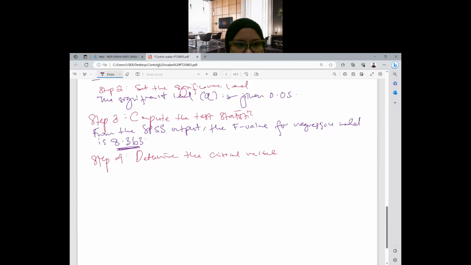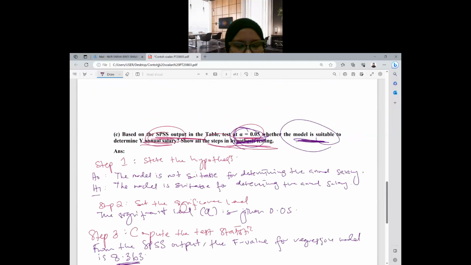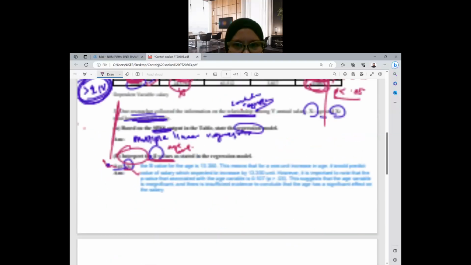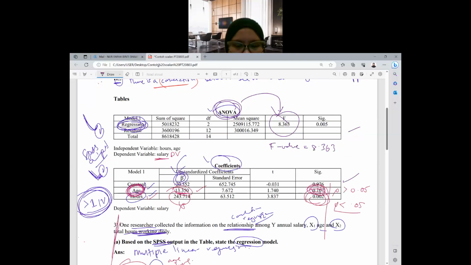Your critical F value corresponds to the significant level of alpha 0.05, with degrees of freedom of 2 for the regression and 12 for the residual.